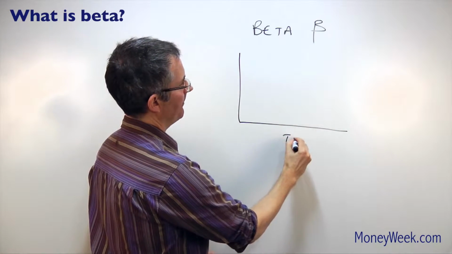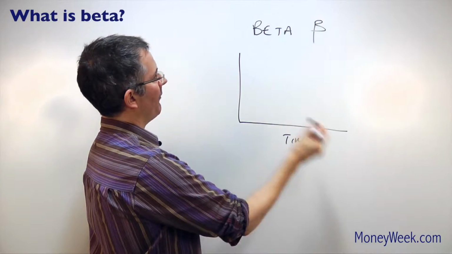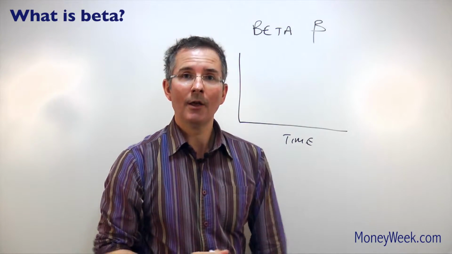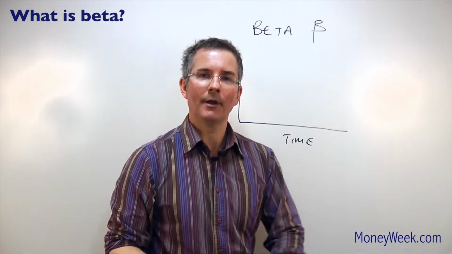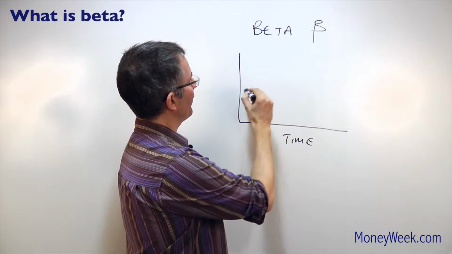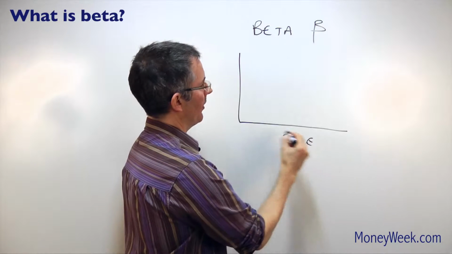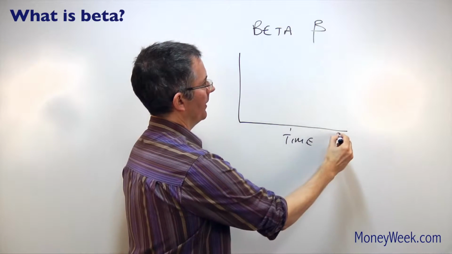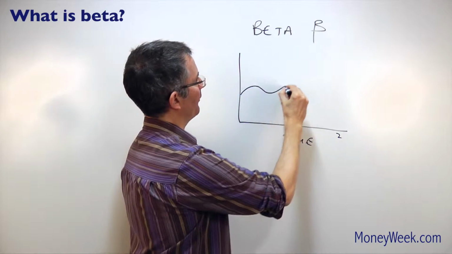All right, if I was to plot, I'll make up the line, the S&P 500, that's the main index in the US market, and let's say over a couple of years, so we've got year 1, year 2, it does something like this.